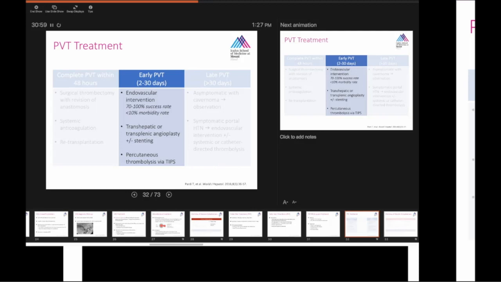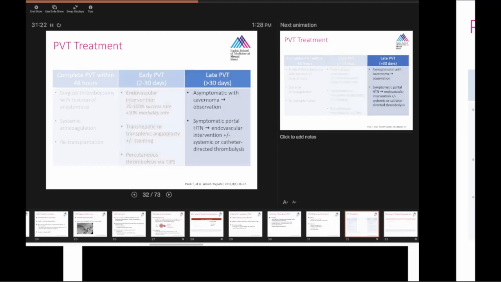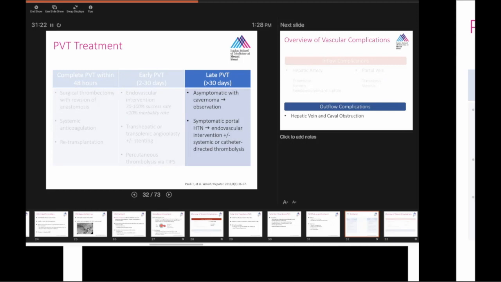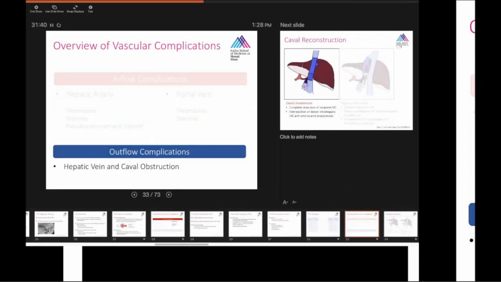And they could also do catheter-directed thrombolysis via TIPS. And then PVT that develops late, if they develop a cavernoma and they're asymptomatic, you just observe them. If they develop symptomatic portal hypertension and there's no cavernoma, you could consider endovascular interventions or thrombolysis. And then lastly, hepatic vein and caval obstructions.